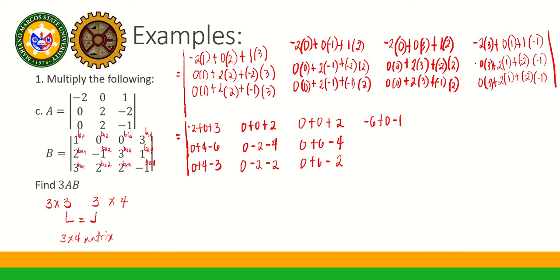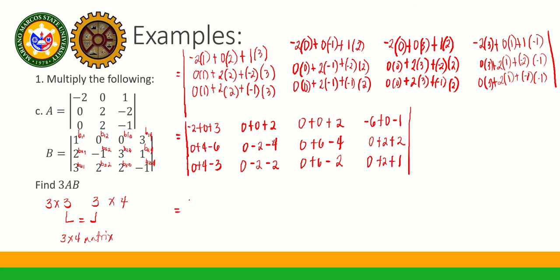Negative 6. Negative 6 kasi negative to. And then we have 0 plus 2 plus 2. And then 0 plus 2 plus 2. This is negative 1 ulit. Bakit ba sinulat ko is negative 2? So, that is positive 1.